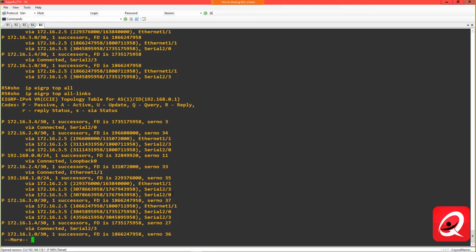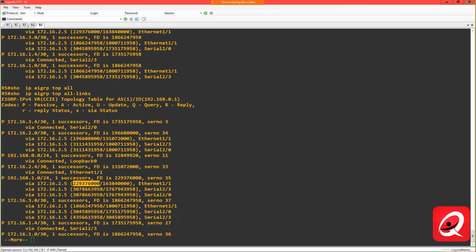In order to classify whether a backup path or a secondary path meets the feasibility condition, we have to verify that this number here, which is the reported distance for that backup path, is less than the feasible distance of the primary path.